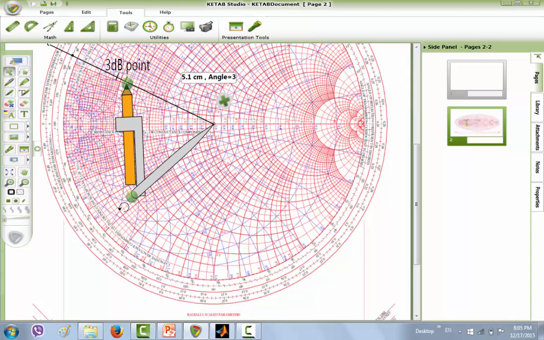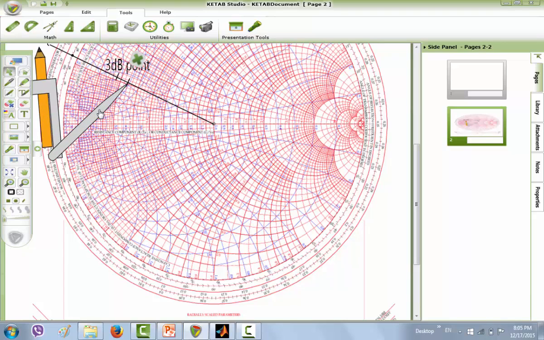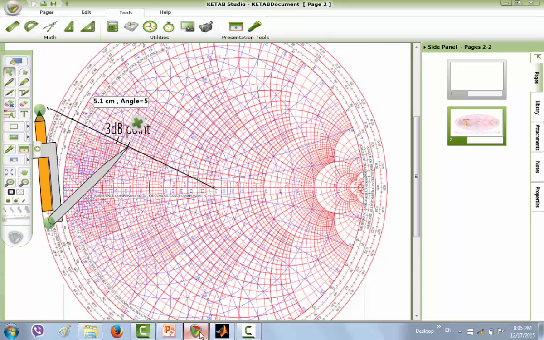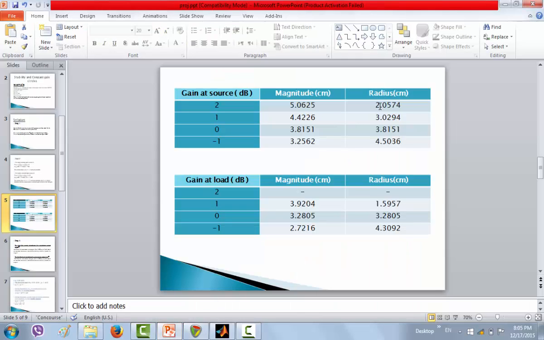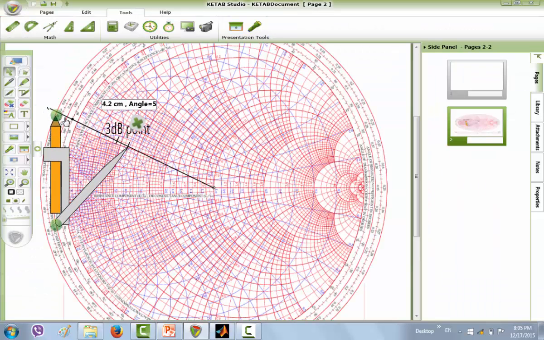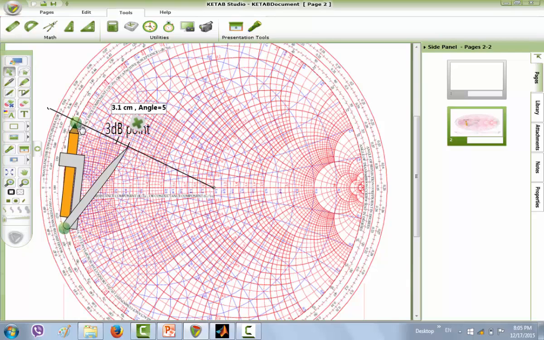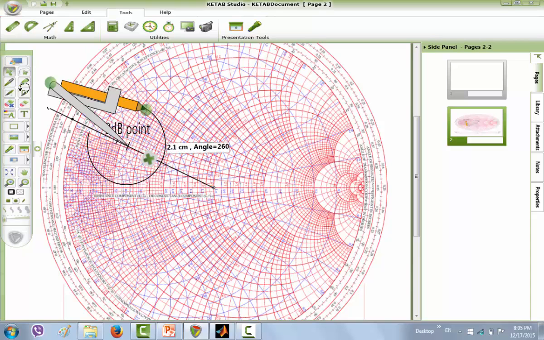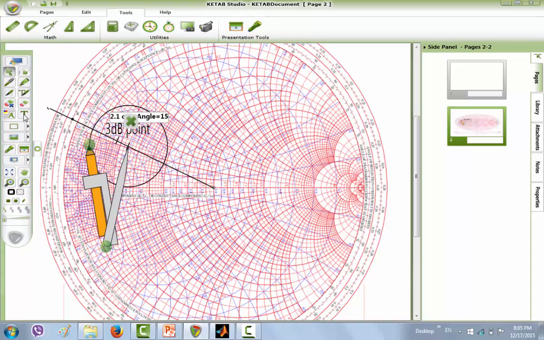Draw the point, and from this point we'll draw the circle. The circle has a radius of 2.05, which is approximately 2.1. So 2.1, and draw the circle. So this is the 2 dB gain.